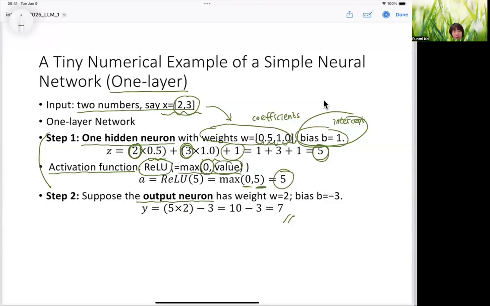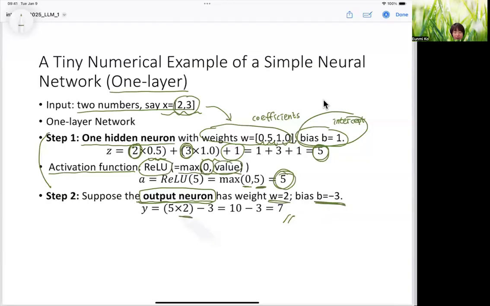Now we go to the next neuron, the final output neuron layer. This output neuron layer also has a weight and bias. We need only one weight because we have only one value, 5. So the weight is 2 and the bias is, suppose, -3.